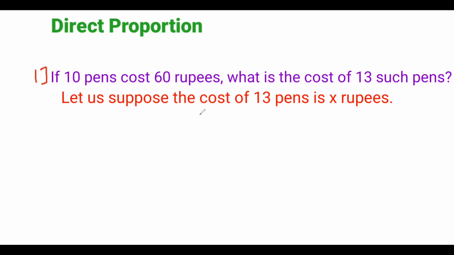So we make an equation. Number of pens and number of rupees have a direct proportion. So 10 upon 60 is equal to 13 upon x because ratio must be constant.